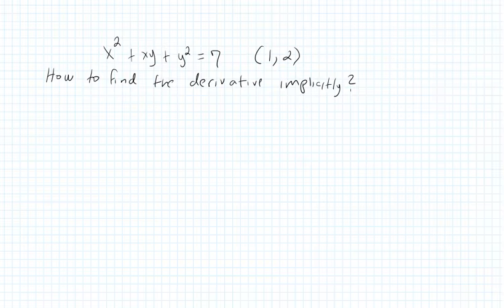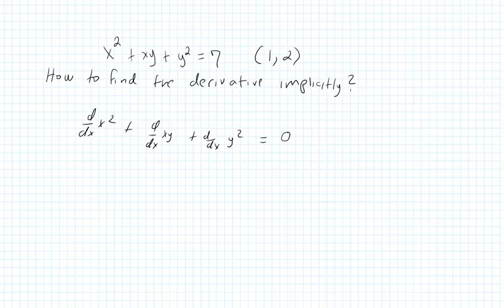Okay, so we're going to take the derivative dx of x squared plus dx of xy plus dx of y squared, and then equal to, when we take the derivative of a constant, it becomes 0.